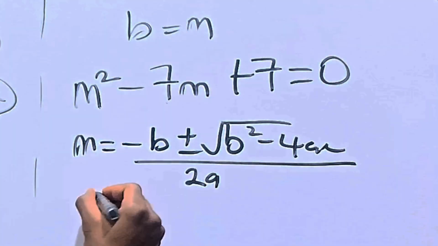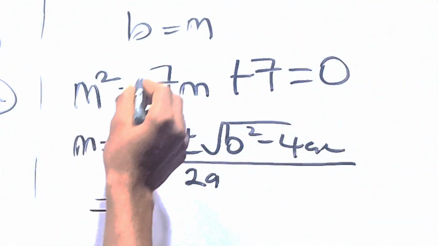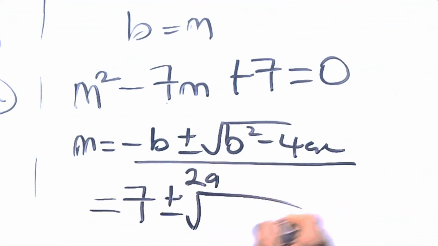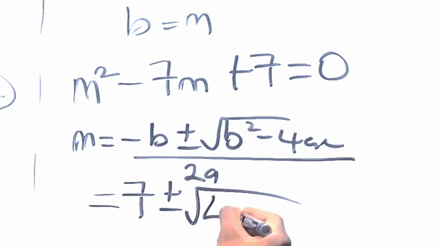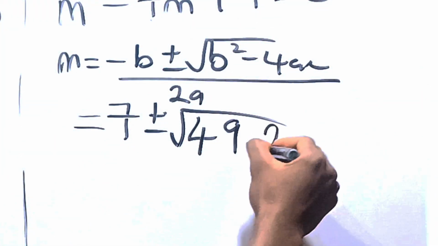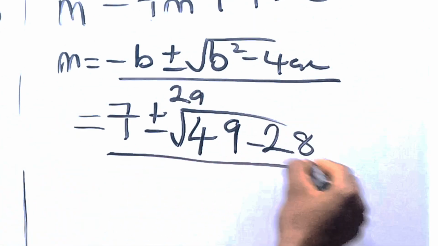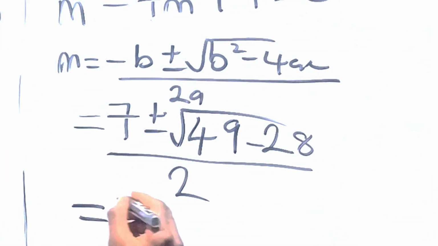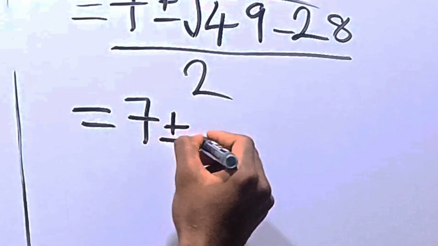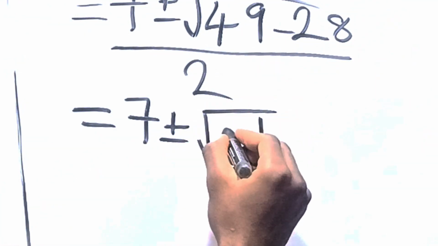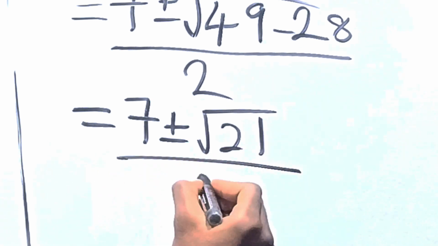So this is equal to minus b, which is minus 7, so plus 7, plus or minus the square root of b squared, which is minus 7 squared, which is 49, minus 4 times 7 times 1, which is minus 28, all over 2a, which is 2 times 1, which is 2. Now m becomes 7 plus or minus the square root of 49 minus 28, which is 21, all over 2.